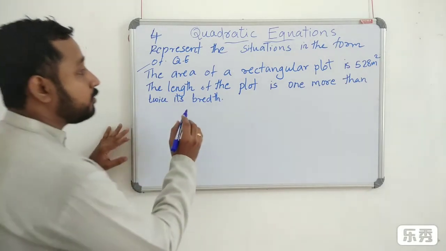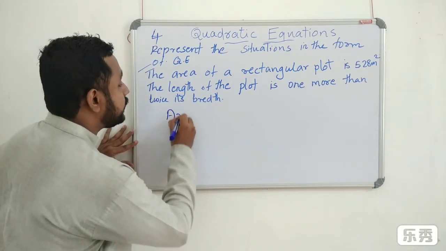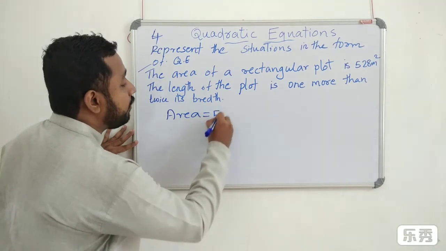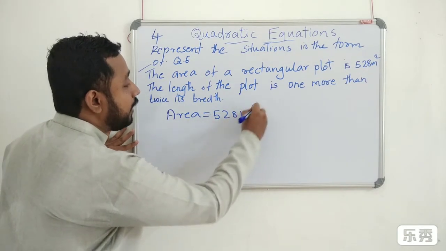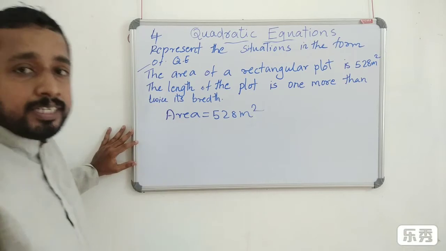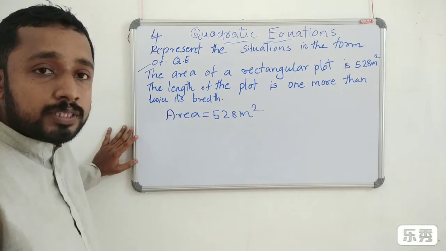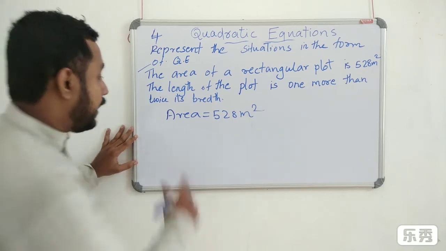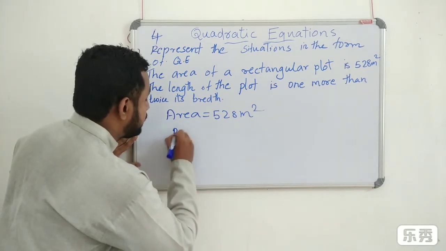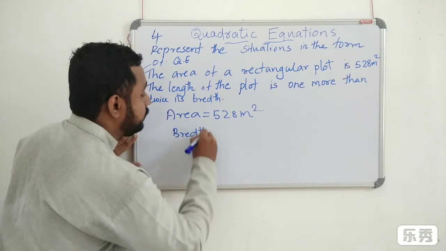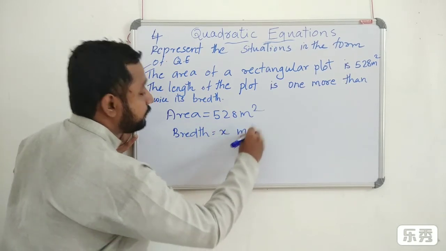First I am going to write the area. Area is equal to 528 meters square. Then we have one condition, that is, length is 1 more than twice its breadth. I am going to take breadth as x meter. Breadth is equal to x.